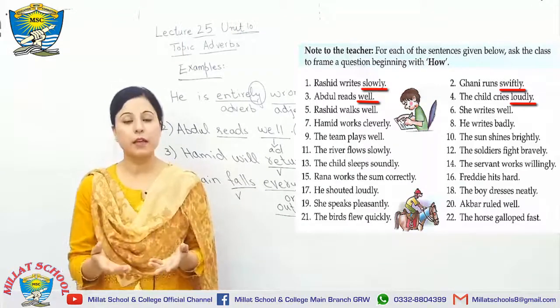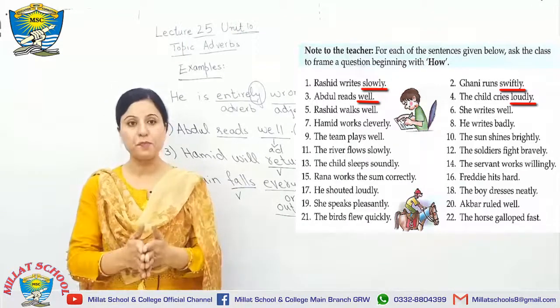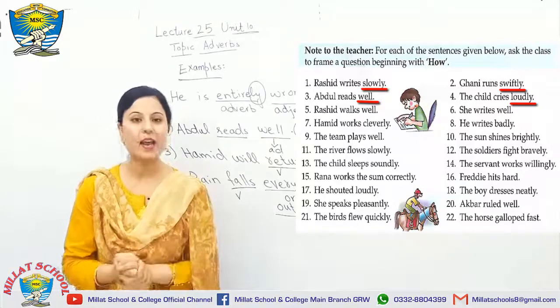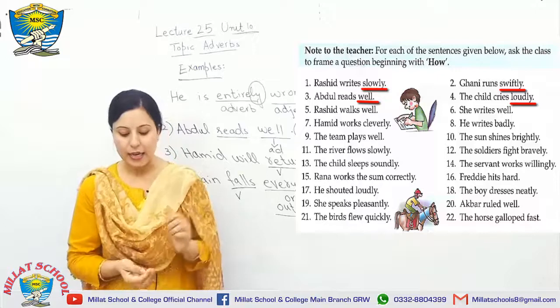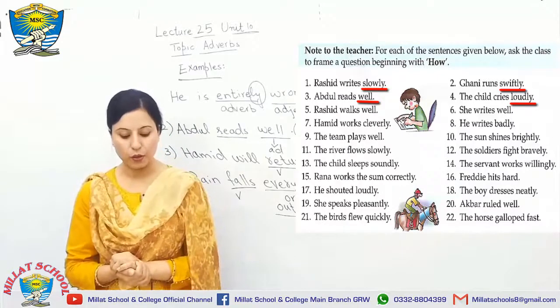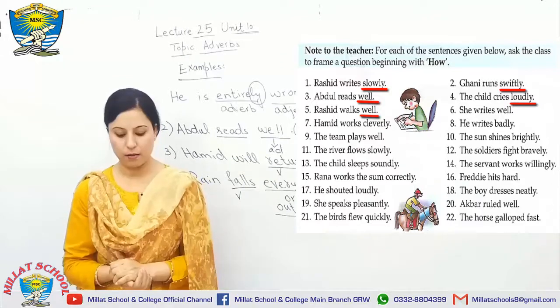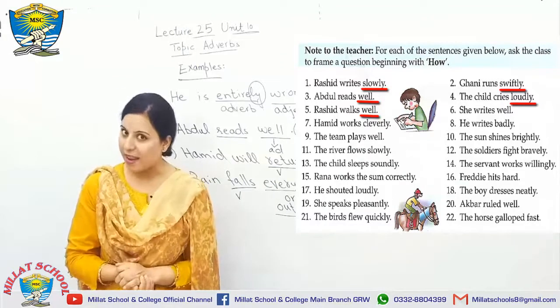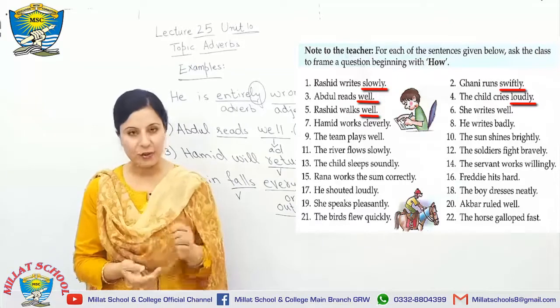If we give the answer in the way of manner, that Ghani runs swiftly, that tells us about an adverb. Right. Let's see more examples, like the number 5 sentence. Rashid walks well. How does Rashid walk? Well. Yes. Well is your adverb.